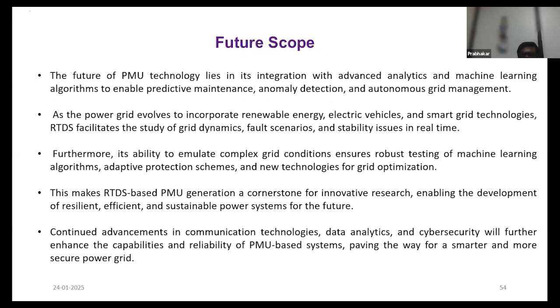So I think continuous advancement in communication technology, data analytics, and cyber security, because these are key areas where evolution is happening on a daily basis. Whatever change is happening here, immediately as power system engineers we should think about it with respect to our objective.